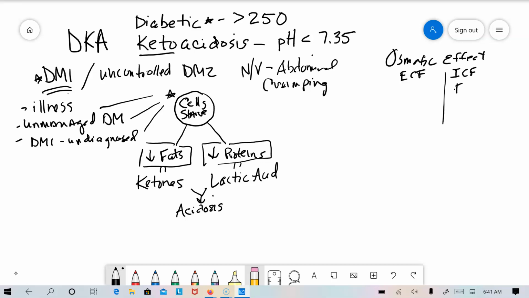So any free water that was sitting in the cells, when you have increased glucose in the bloodstream, will cause this extra free water to go from the interstitial, the ICF, to the ECF. And while this is happening, you're going to have a patient with true dehydration.